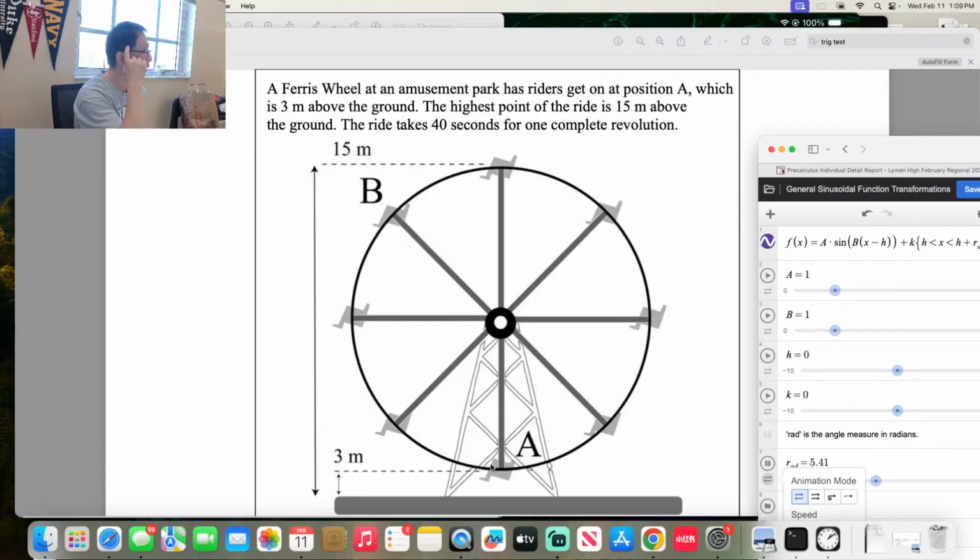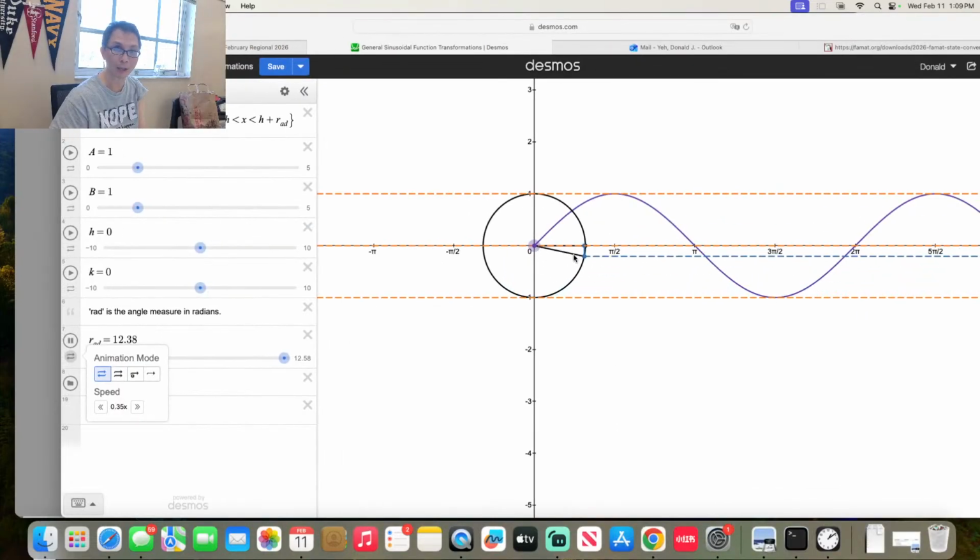That's a big thing to think about, because this here is how long it takes to get to here. So this is the time from this point to that point. So time is the x-axis, and that's a very, very important thing for you guys to understand.